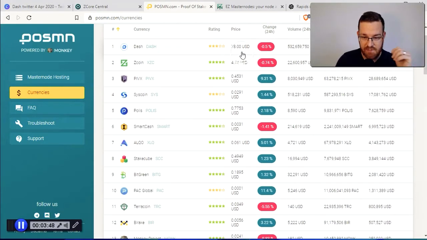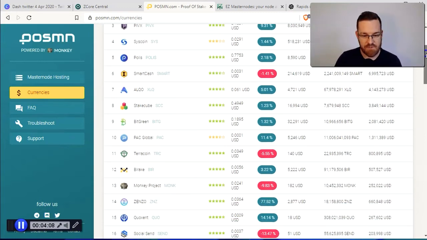If we look at Dash, for example, it's $78 per Dash, and for this specific one you need 1,000 Dash. So you're looking at around $78,000 US to acquire the collateral necessary to run that masternode.